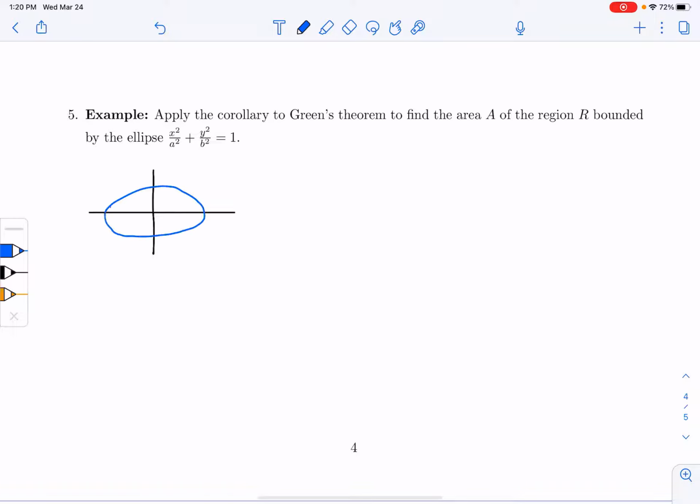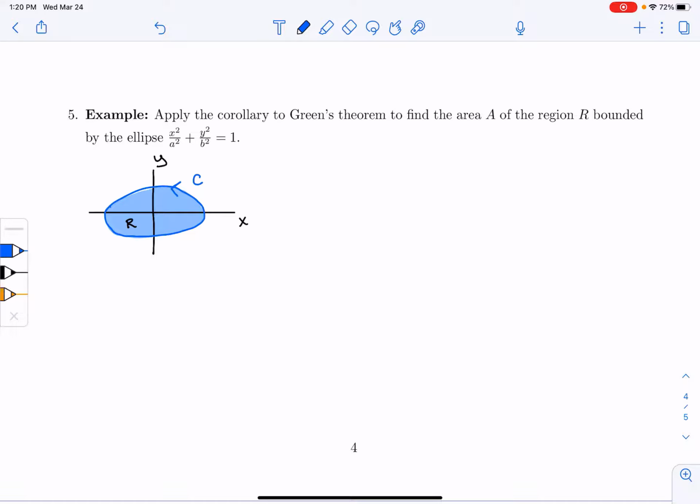It's going to be enclosed by this curve C. Make it positively oriented. And so if I want to find the area inside the ellipse, I can apply the corollary to Green's theorem.